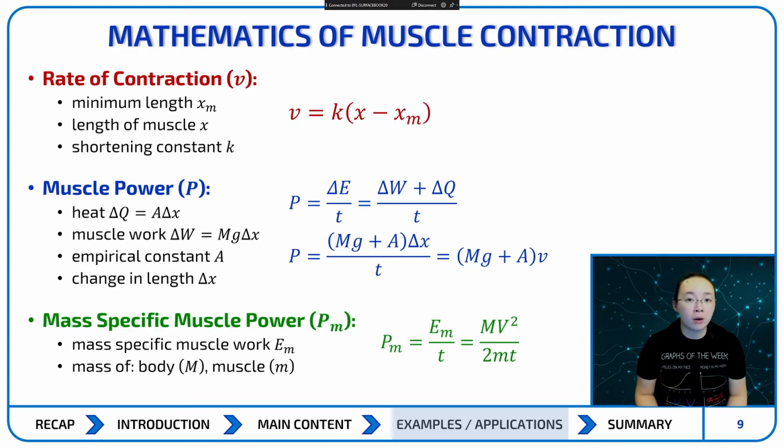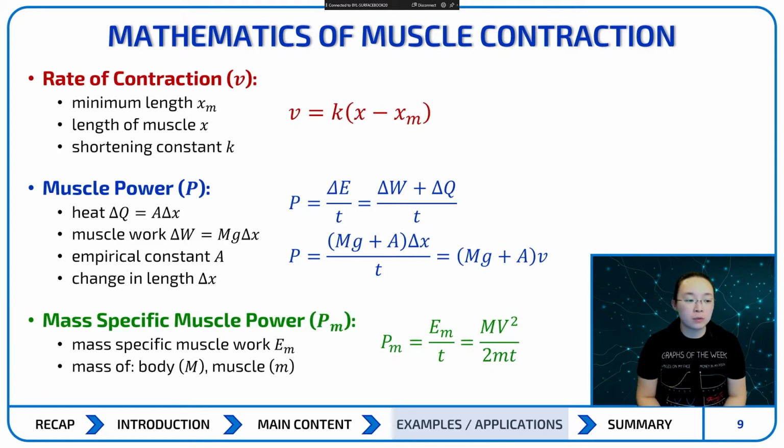Next, you have muscle power, which is presented by P. And power is always some sort of change in energy over time. The only unique thing about muscle power is that your energy doesn't just come from the work that your muscle does, but also the heat that's being generated. So you have to remember that your E, total energy, is equal to delta W, which is your muscle's work, plus delta Q, which is the heat.